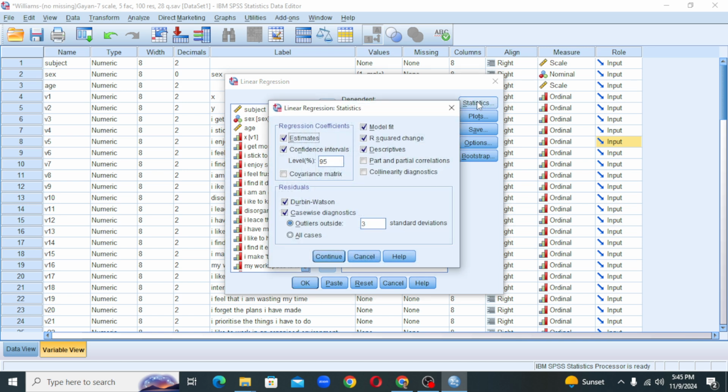Under Statistics, select model fit, R squared, descriptives, and estimates, and also confidence intervals. When we are elaborating, for example B1, you can explain it in a comprehensive manner along with confidence intervals. So we will be selecting those two. Thereafter, under Residuals, we will be selecting Durbin-Watson.